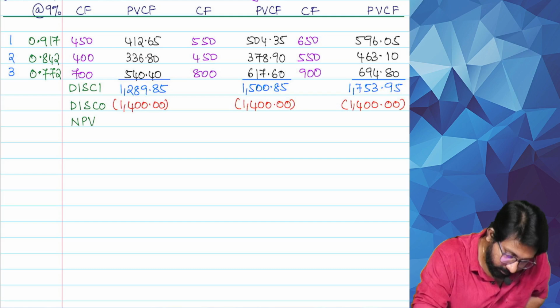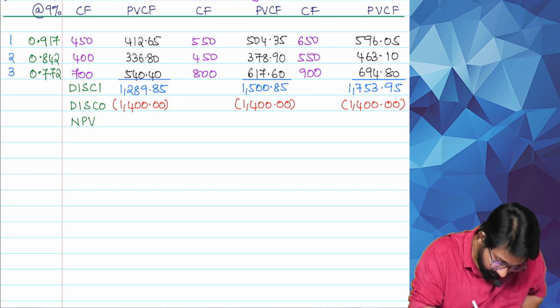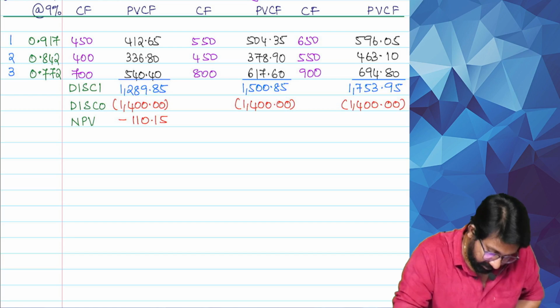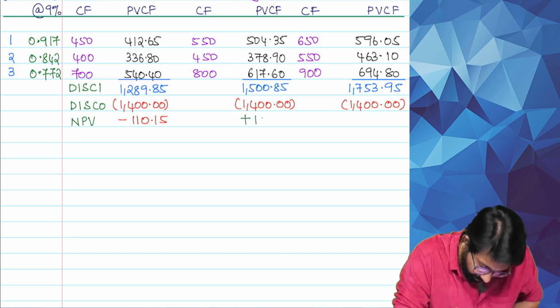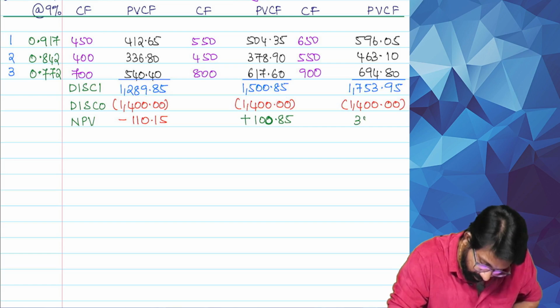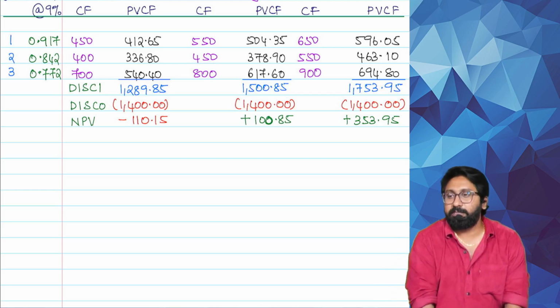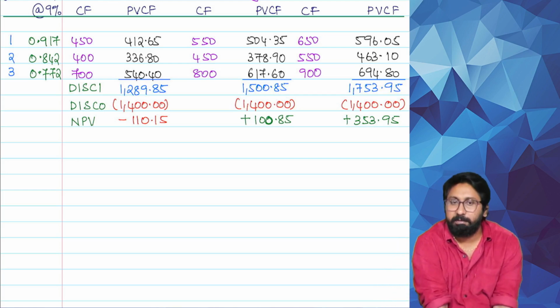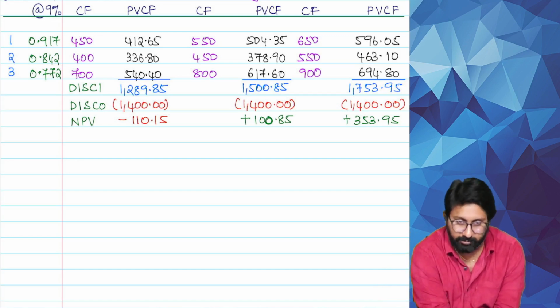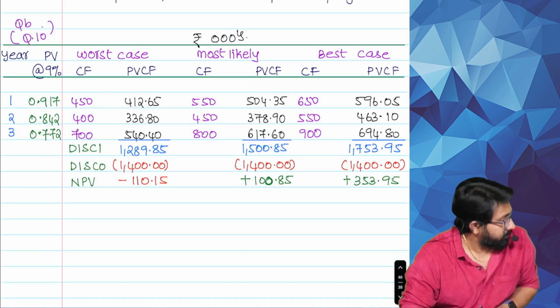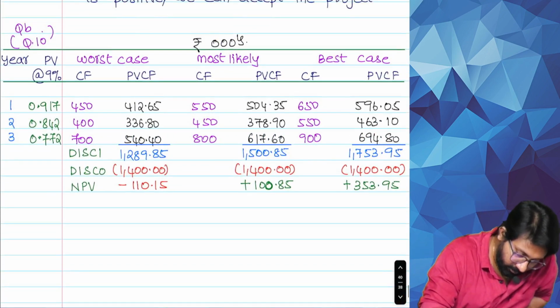NPV will be, first case, 110 point. Negative or positive? Negative. Next one, 270, then 100.85. So in the majority, two cases of the information given have resulted in a positive NPV or not. So you may accept the project. This is step 1.